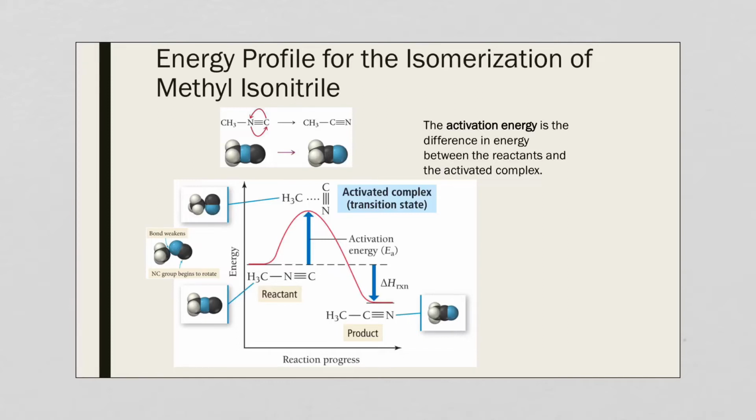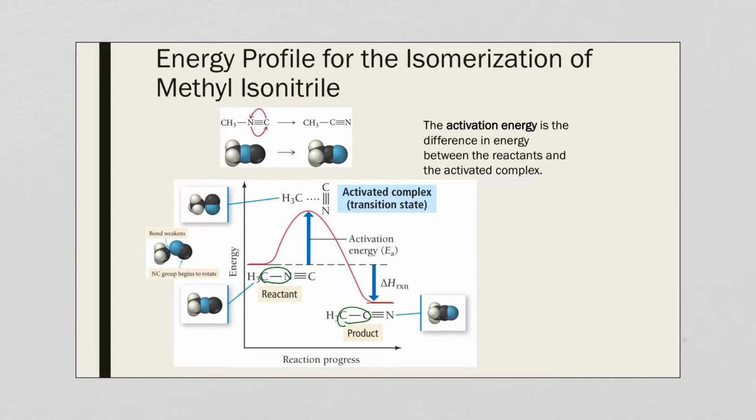So it's starting to break the carbon-nitrogen bond that would be here, and starting to form the carbon-carbon bond that's going to exist in our product. So starting to break this bond and form this bond in this high-energy activated complex. And so we get up to here, and then we fall down to our product, which is lower in energy than our reactant.